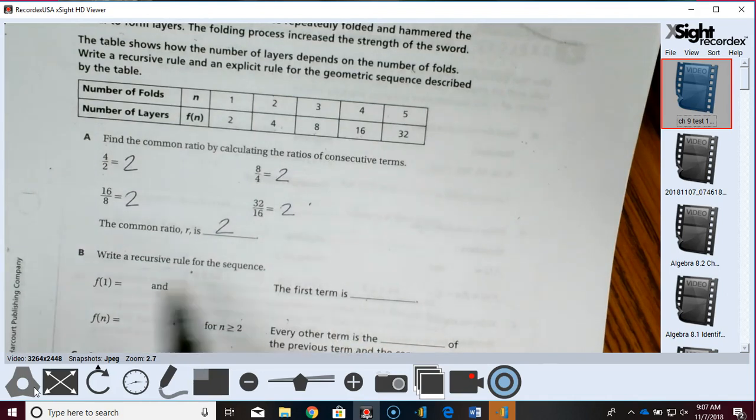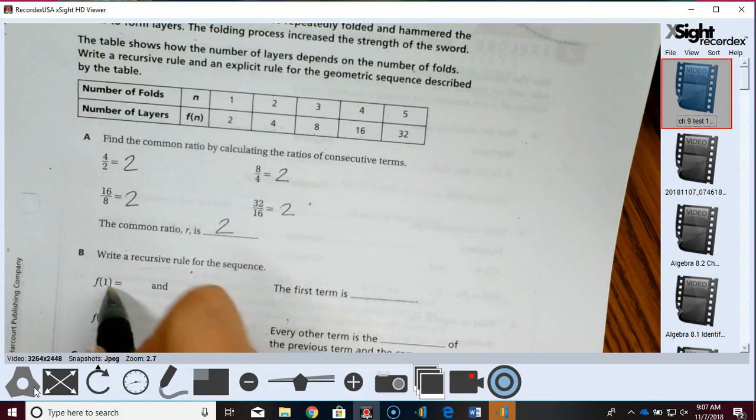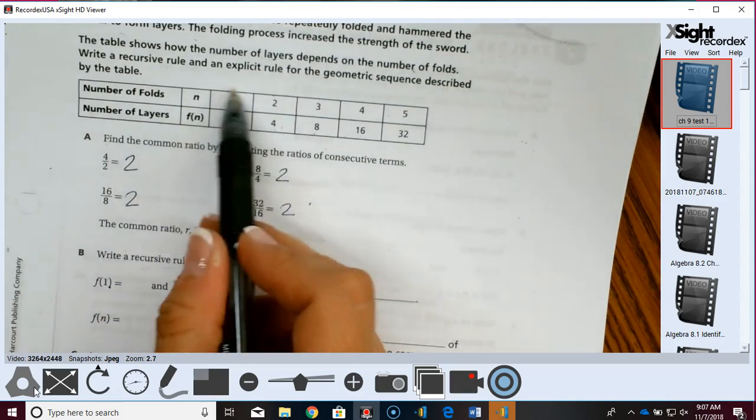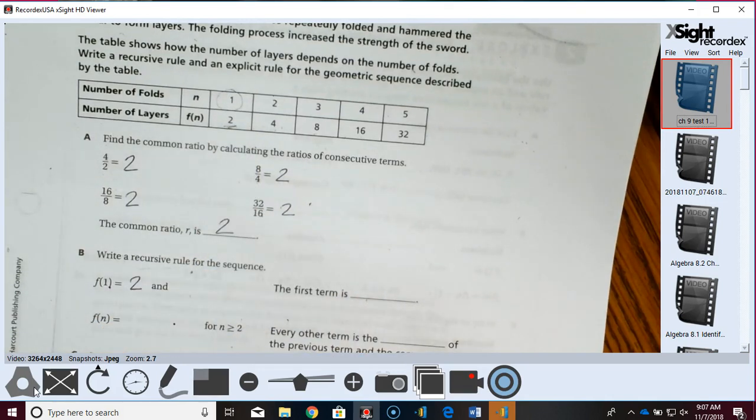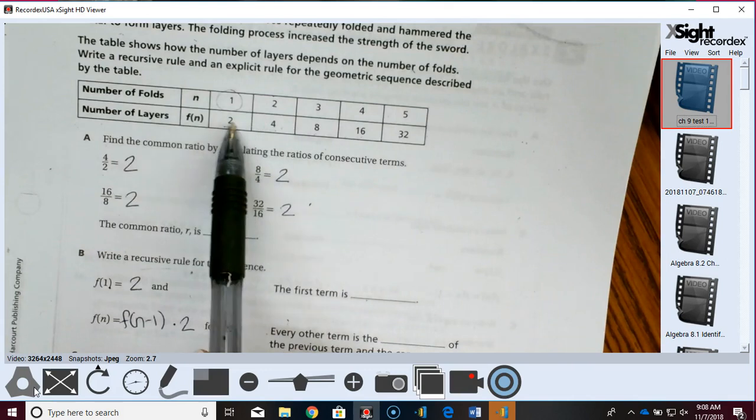Write a recursive rule for the sequence. So f of 1 is going to be what? f of 1 equals 2. And f of n is going to equal f of n minus 1, your previous term, times 2. So your previous term times 2: 2 times 2 is 4.